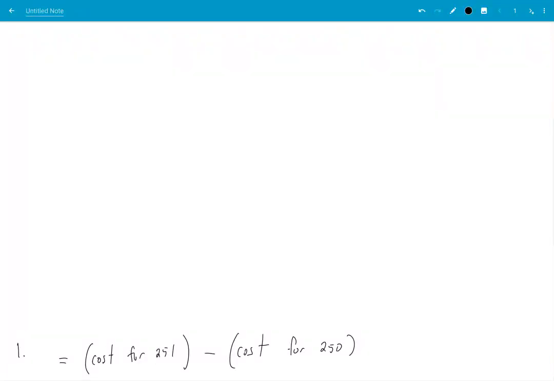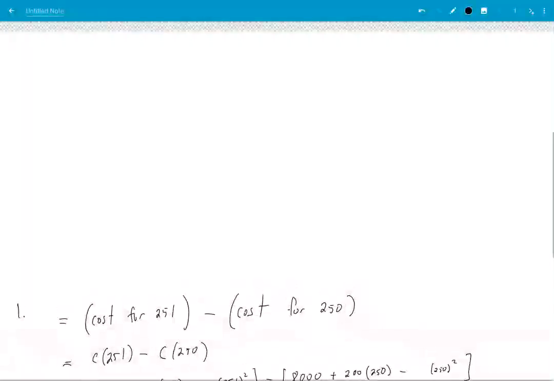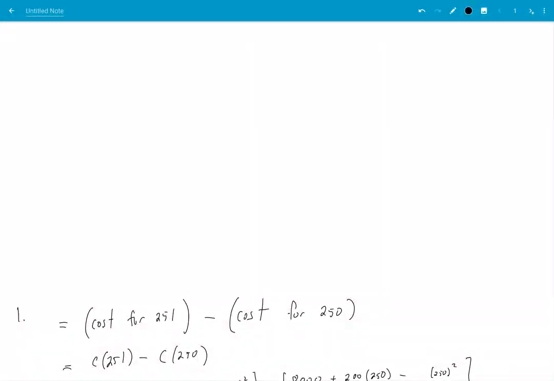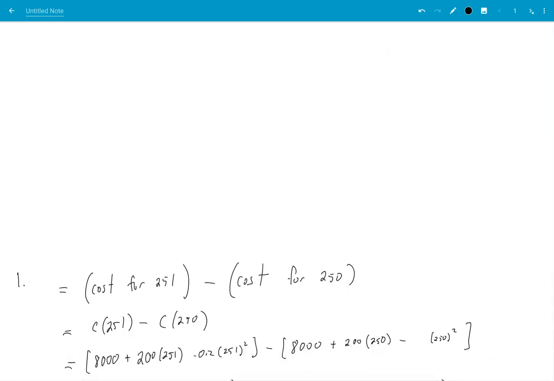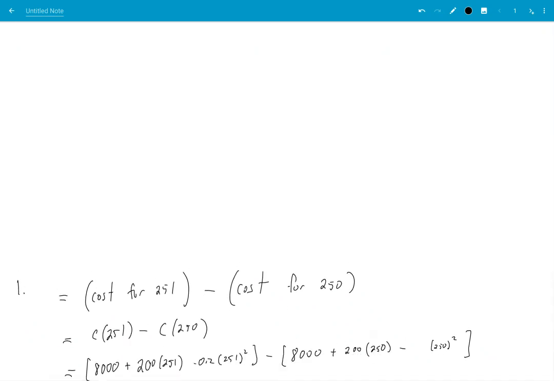Okay, to make the 251st smartphone, what I do is I take the cost to make 251 and I subtract the cost to make 250. Okay, so that's C with 251 plugged in minus C with 250 plugged in. Okay, and then you get this expression.